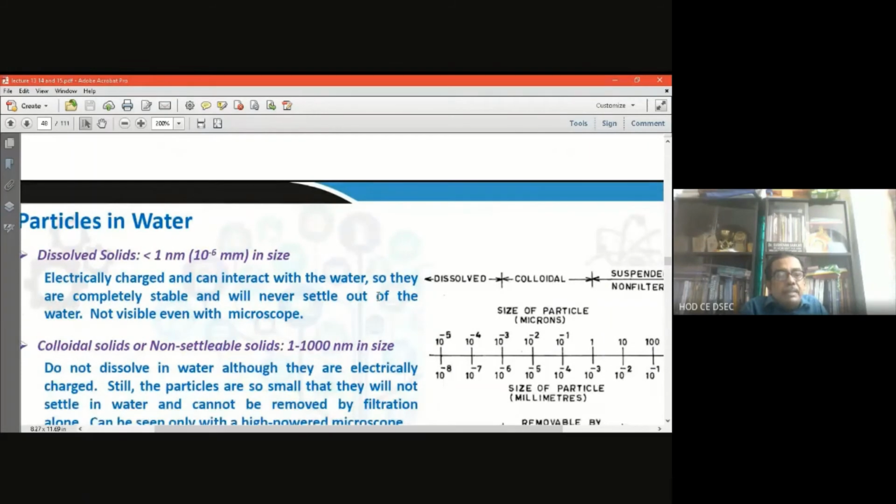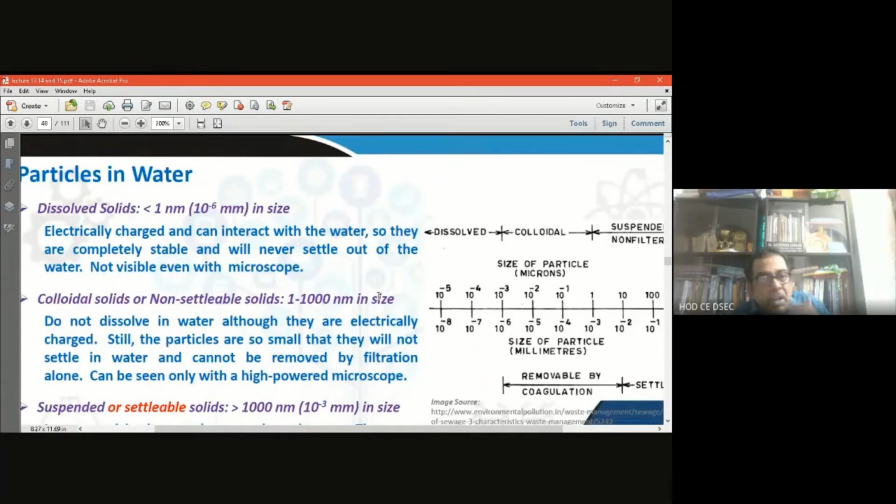Now you have to identify the particles in water. As a civil engineer or environmental engineer, you must know the nature of the particles and how they work, because we are concerned with removing the particles. So you have to have an idea about the nature of the particles, because our objective is to remove the particles from water. Suppose the particle size is less than 1 nanometer. My dear students, 1 nanometer is 10 to the power minus 6 millimeter.